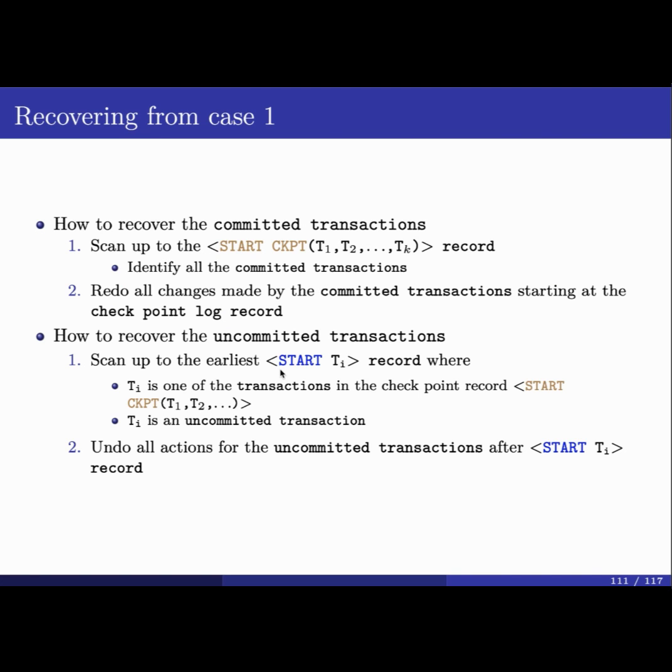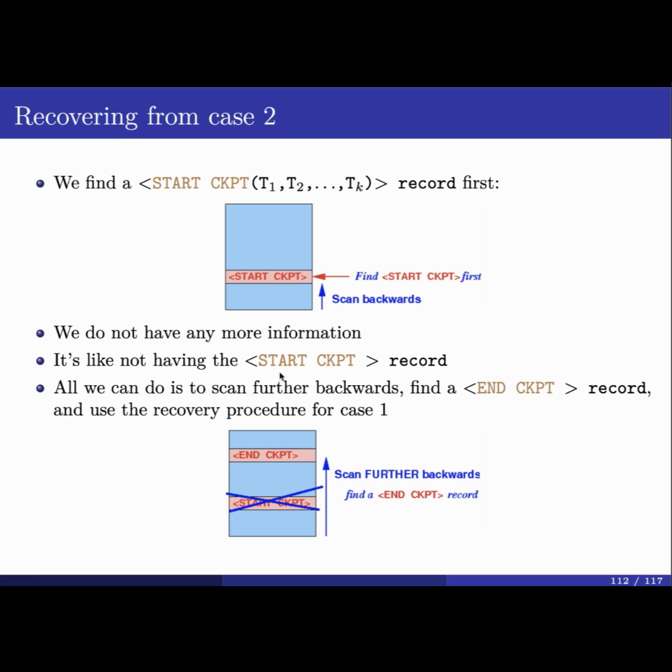So this is case one. How about case two? Case two means you start scanning backwards, but you didn't find the end checkpoint. So what we found here is only the start checkpoint. That means the last time we tried to start this non-quiescent checkpoint, we failed.